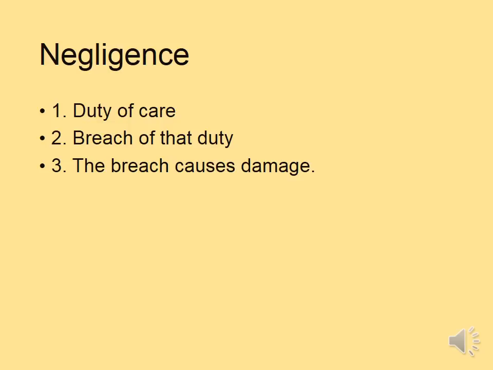First of all, you have to owe a duty to somebody, and today we're going to find out how you go about doing that. You've got to breach that duty, so you've got to fall below the standard which is expected of you to conform to that duty. And importantly, that breach has got to cause damage. If you don't have damage, then it's no harm, no foul.